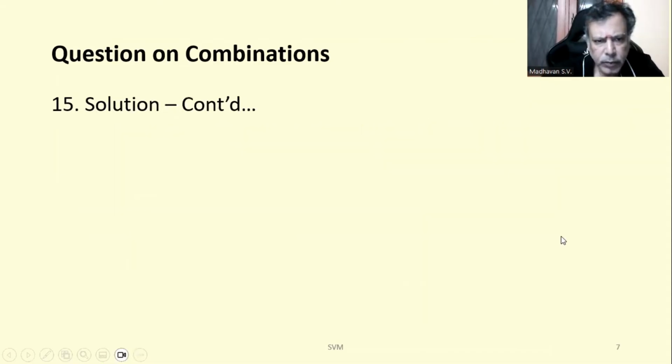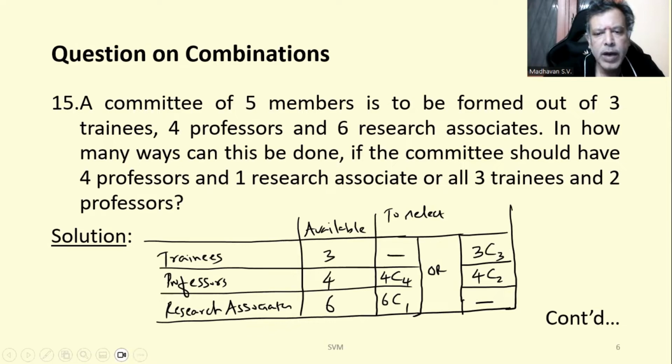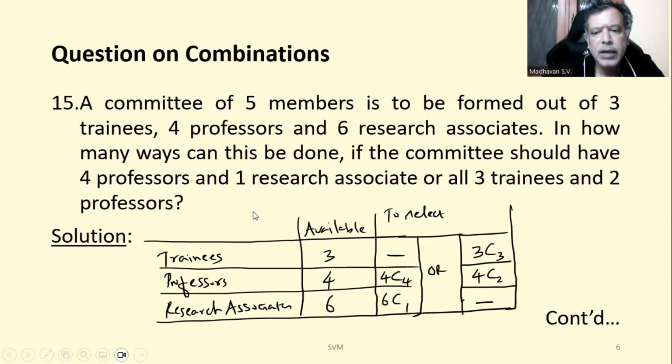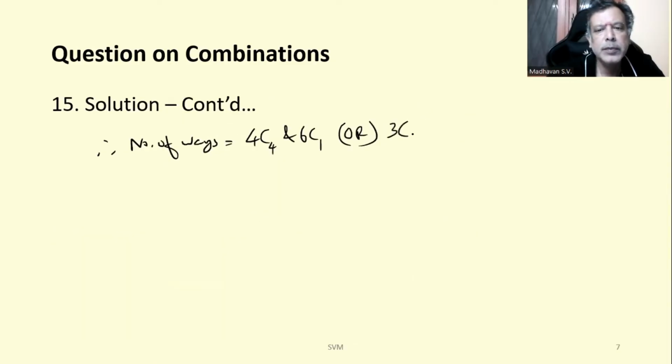So let us move on. Therefore, the number of ways to do that is 4C4 and 6C1, or 3C3 and 4C2. Now 4C4 is nothing but 4C0, so it is 1.